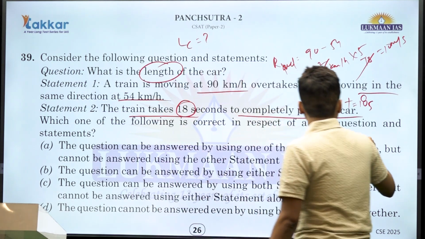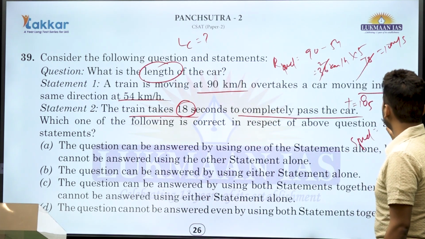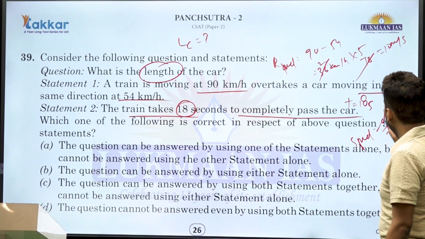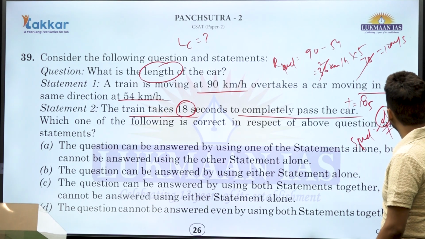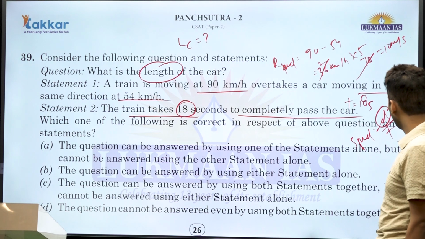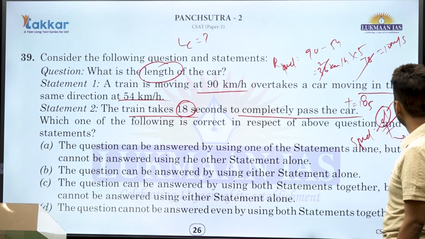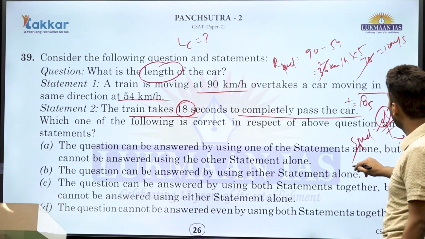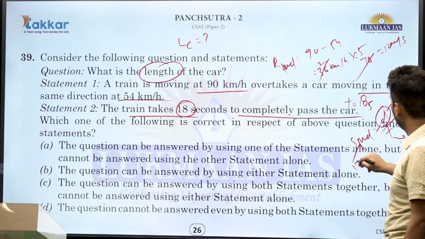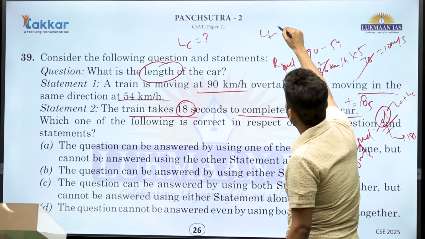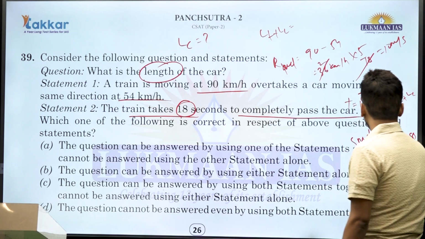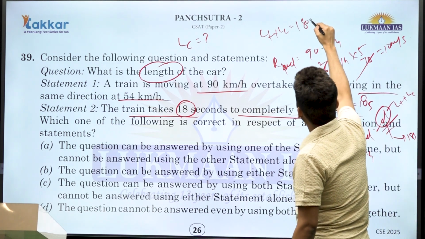So we know speed is equal to distance by time. Distance will be equal to the length of the train plus length of the car. Time is given as 18 seconds and we know the relative speed as 10 meter per second. So LT plus LC will become how much? 10 into 18, 180 meter.